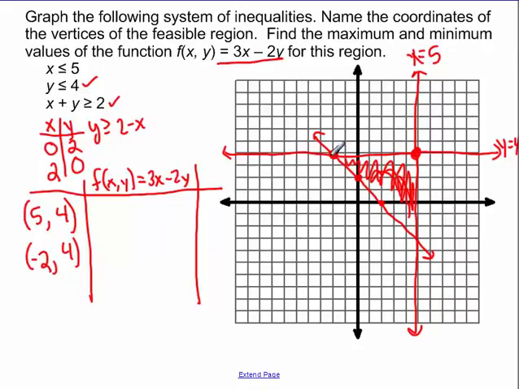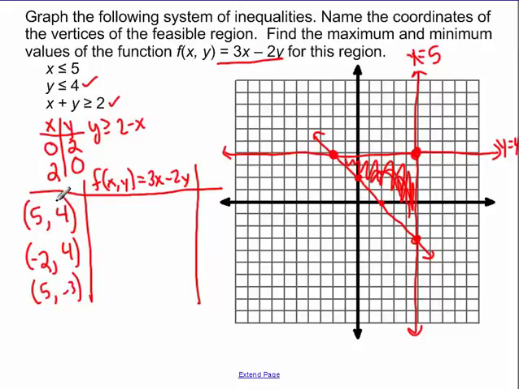Notice that if you've graphed this correctly, it looks like where the two lines intersect, but plugging these values into the other equation is going to help you find the intersection points. For this point down here, x equals 5. If I make x equal 5 and solve in the other equation, I subtract the 5 over, and we get negative 3. And that's where it looks like the intersection points are, so that makes our life a little bit easier.